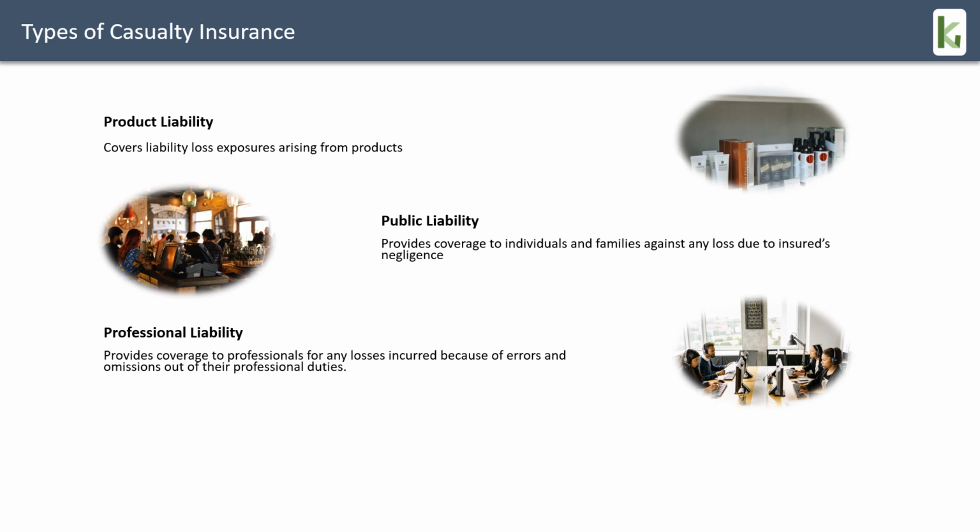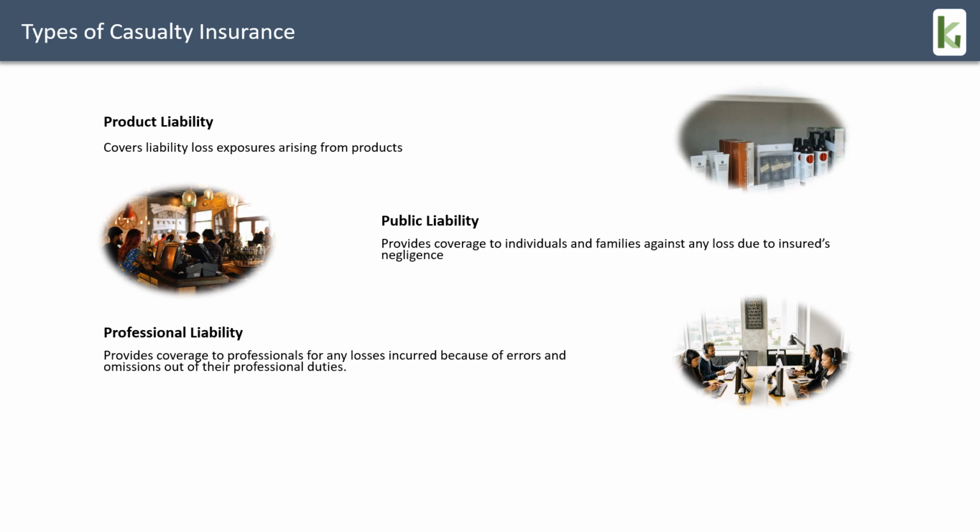So product liability is a legal responsibility of a manufacturer, distributor, or seller of a product for any harm or injuries caused by the product. And this can include defects in the design, manufacturing, and warning labels on the product. Public liability is a legal responsibility of a person or organization for any harm or injuries that they may cause to the public.